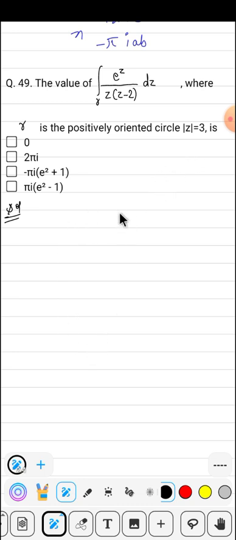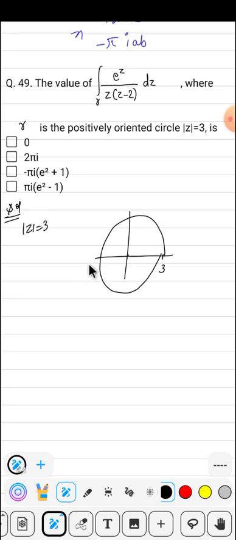We have mod z equal to 3, meaning radius 3, so it looks like this: minus 3, this is 1 and 2 and 0. So our singularities here, z is equal to 0 and 2, both are inside the disk. Therefore we are going to apply Cauchy's integral formula.